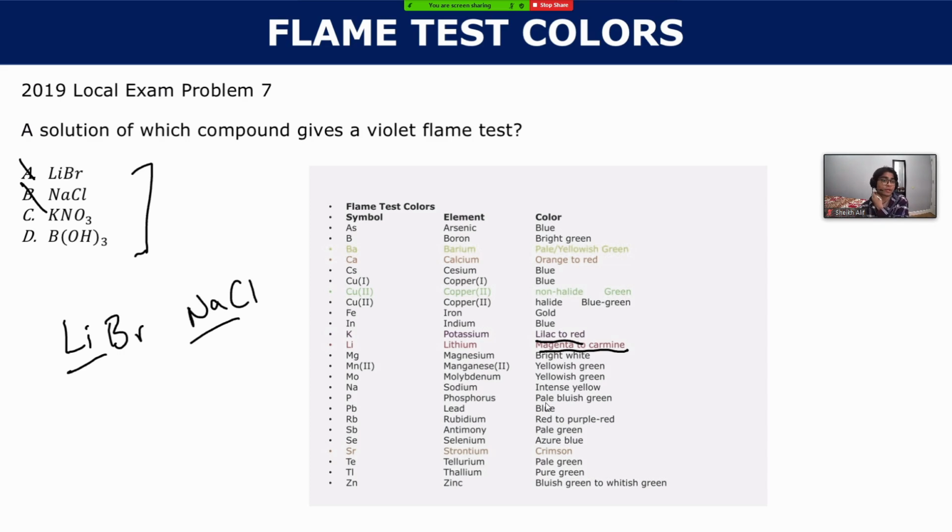So you might see different wording for some of these tables, but you've got to kind of imagine the color. So potassium nitrate could be the answer, but let's take a look at boron to completely make sure. Boron is a bright green, and that is not violet, and so the answer that we're going with here is C, and we are correct.